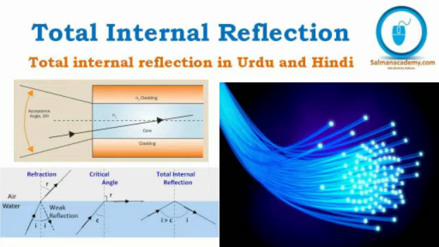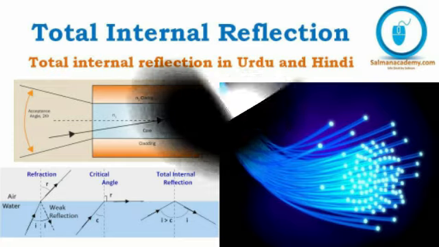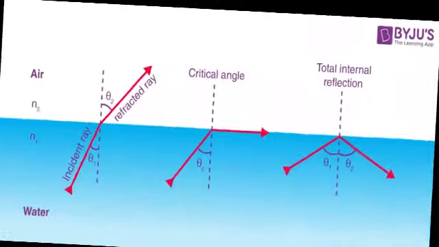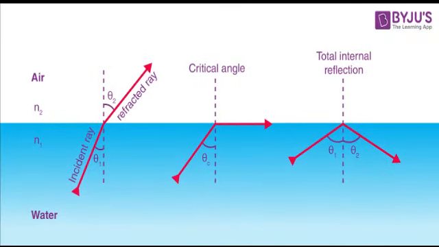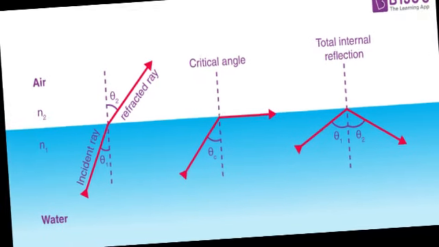Total internal reflection is also possible if we increase the incident angle rather than increasing the refractive index. In this case, at a certain angle called the critical angle, the light comes back to the first medium. This phenomenon of total internal reflection is used in optical fiber cables to transmit the light. The simplest form of optical fiber cable is shown here: cylindrical glass with a high refractive index.